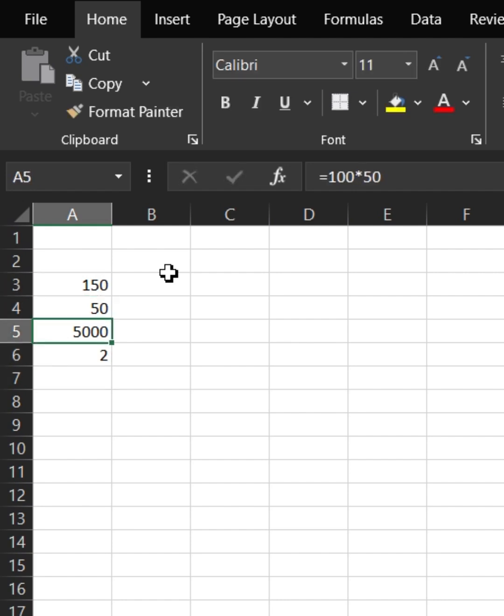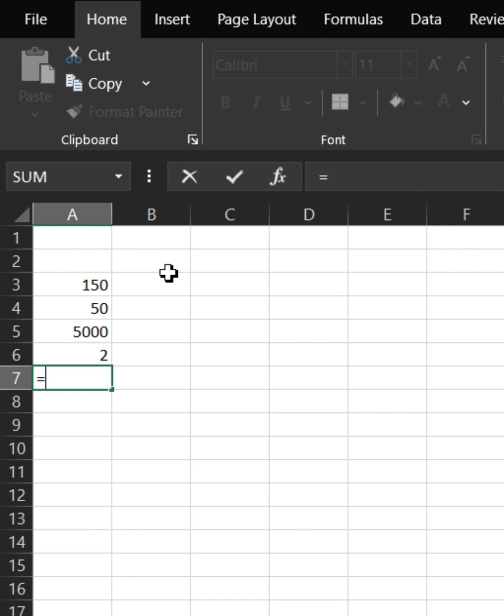So all operations can be done using Excel. In fact, you can even go ahead and perform multiple or complex operations, like let's say you want to do 100, you want to add 150 and then divide it by 2. And the order of operations holds true just the way it does in real life.